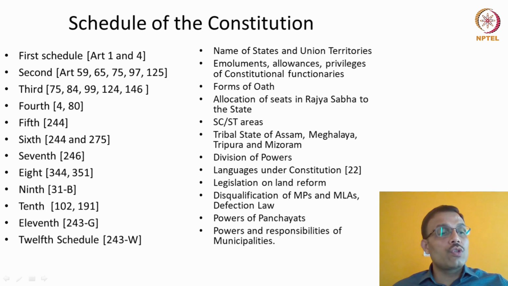The forms of oath or affirmations of, say, a union minister, or what should be the oath being administered to the union minister, those who are elected as members of parliament, the judges of the Supreme Court. The oath is mentioned in the third schedule.